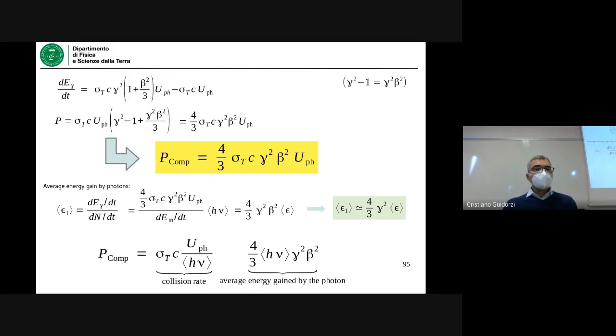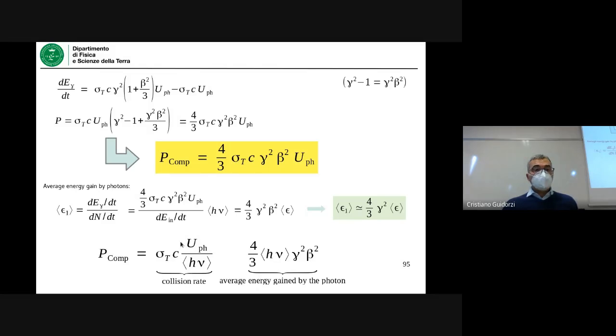Well, this is just the flux from the point of view of the electron. So sigma Thomson, the speed of the electron, times the number density of photons. Remember, if you have the energy density over the average energy, you have the number density of photons.